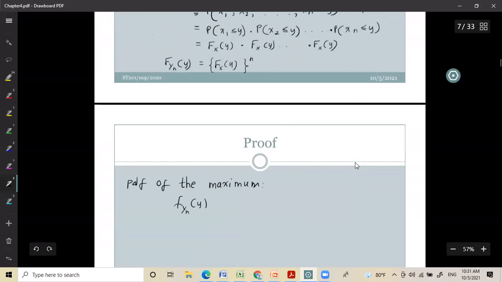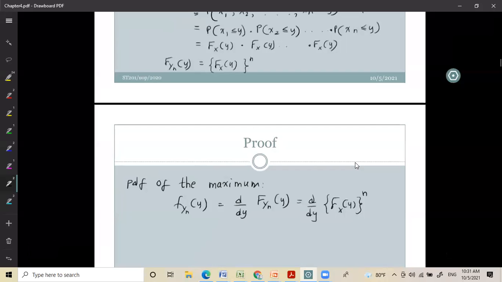The PDF f_Yn(y) is the first derivative of the capital F_Yn(y), right? So you get d over dy of Fx(y) to the power n. Now you have to look at the subscripts, the Yn and the x. This is the Cdf of the x's, and this is the Cdf of the maximum. So you have to be very careful with this subscript.